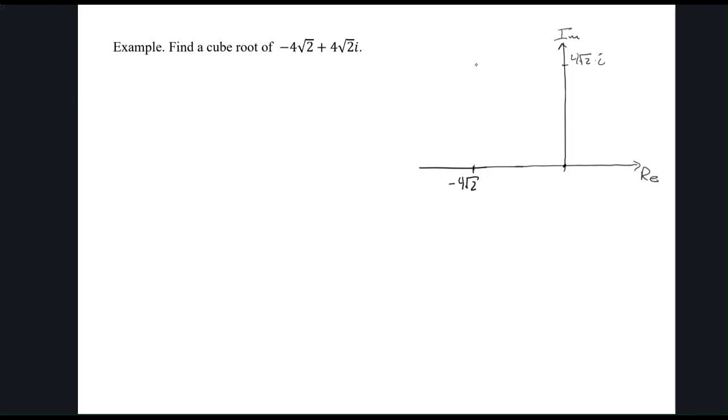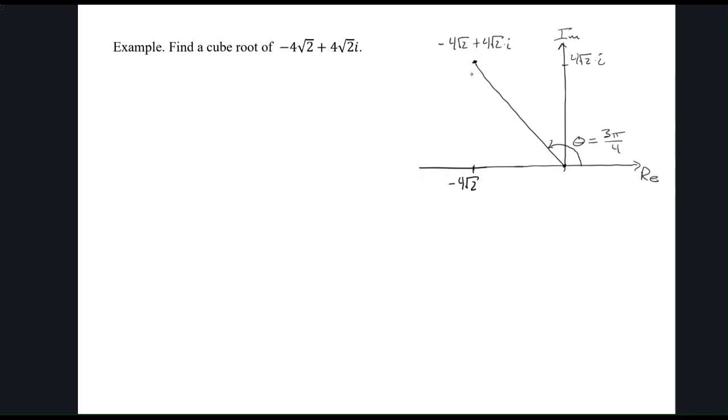And then that allows us to plot our complex number here as negative 4 root 2 plus 4 root 2i. I'm not really concerned with the approximate values for these at all. I just care that it's the same value. And that allows us to see that this should give us a standard angle of 3 pi over 4.